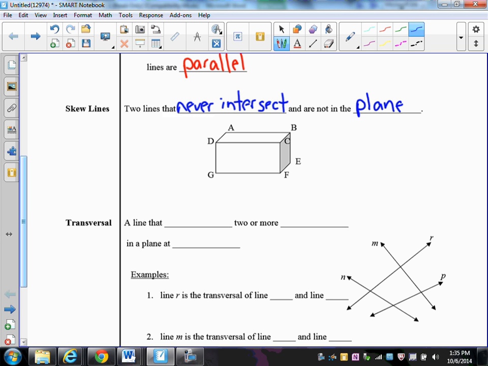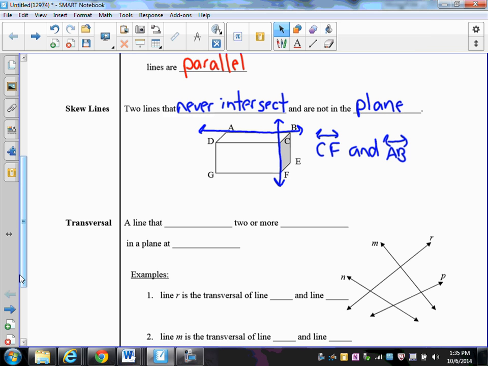It's kind of difficult to see skew lines on a sheet of paper, but imagine this is a room and we go up to this one corner. So we would say line CF, and then we would have the back top corner, and line AB. These are examples of skew lines. They never touch, and they're not parallel.